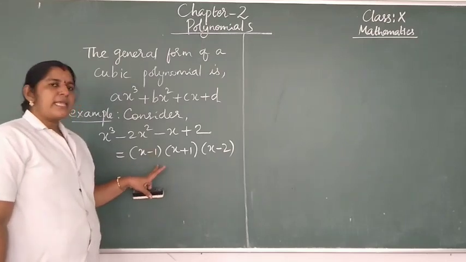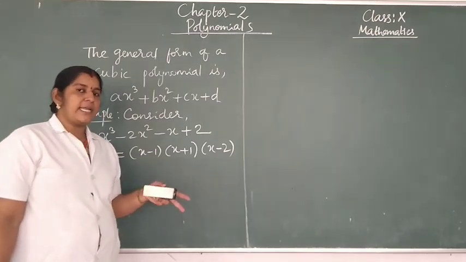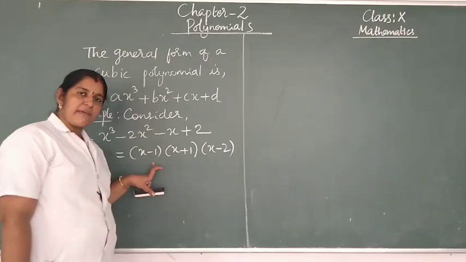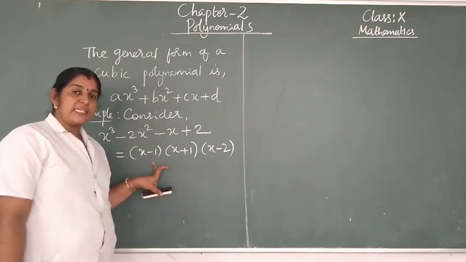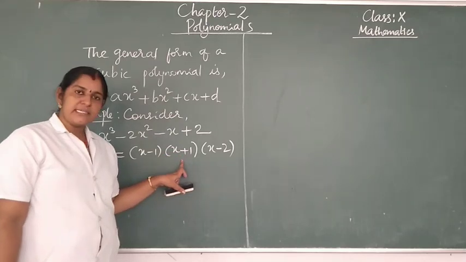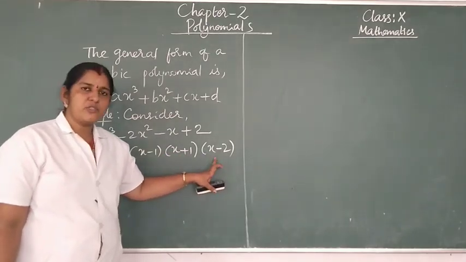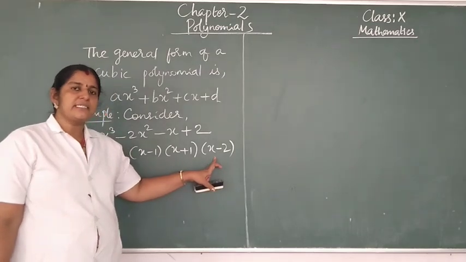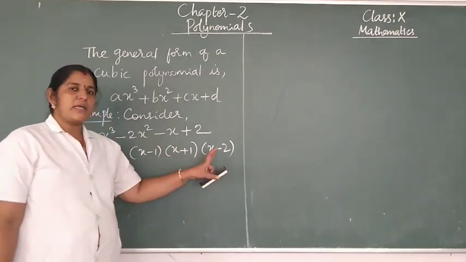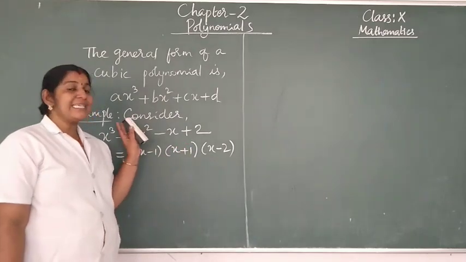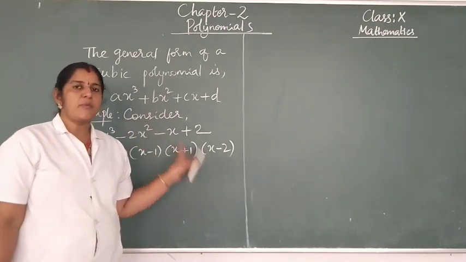Now you know that by factor theorem we studied, when there are 3 factors, x minus 1 is a factor, the value of x is 1. x plus 1 is a factor, the value of x is minus 1. And x minus 2 is a factor, the value of x is plus 2. So those 3 values of x are actually the 3 zeros of this cubic polynomial.